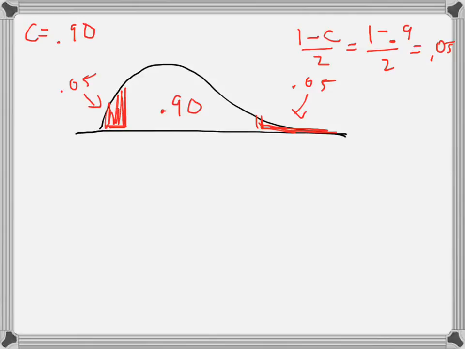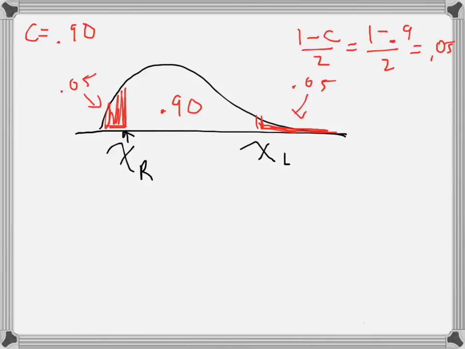So we're going to give these values different names. We're going to call this one here chi-squared on the right, and this one chi-squared on the left.